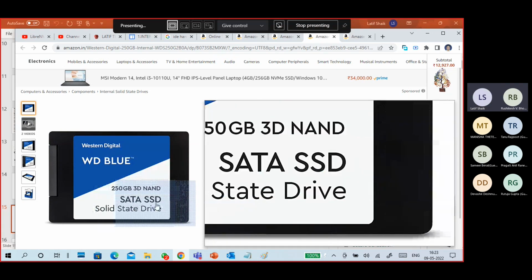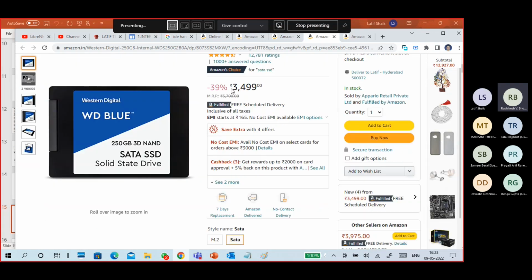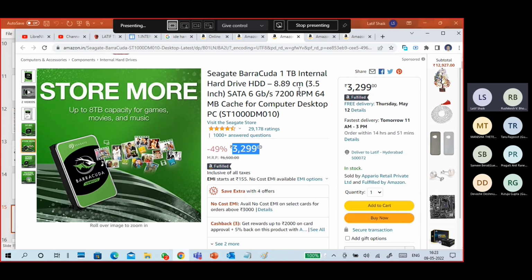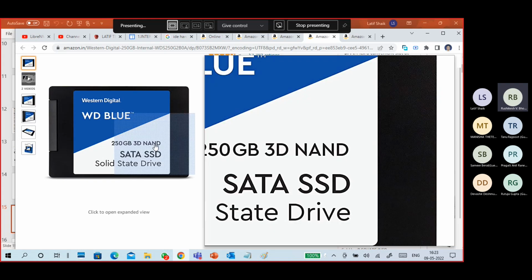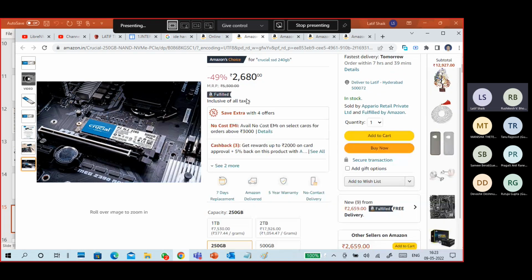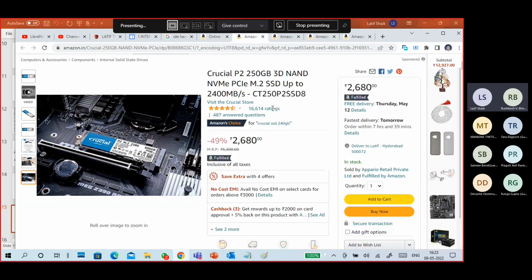This SATA 250 is 3,500. How much difference is there? A 1 terabyte hard disk is cheaper than a 250 GB SSD. This 250 GB SSD shows 2,680, but still it is costly.